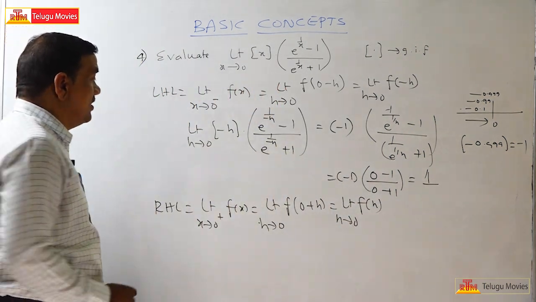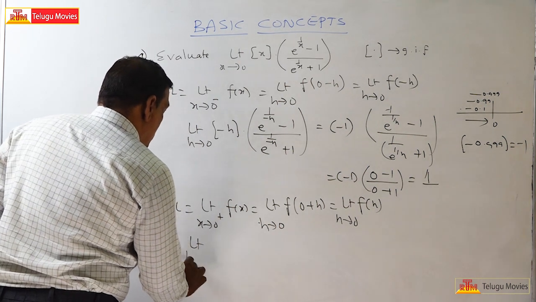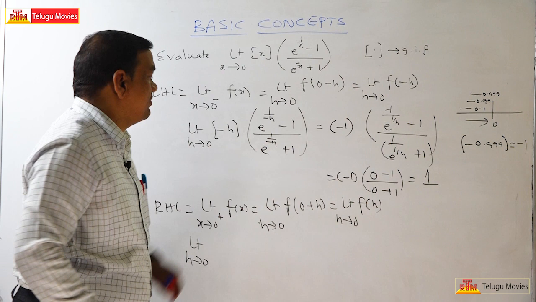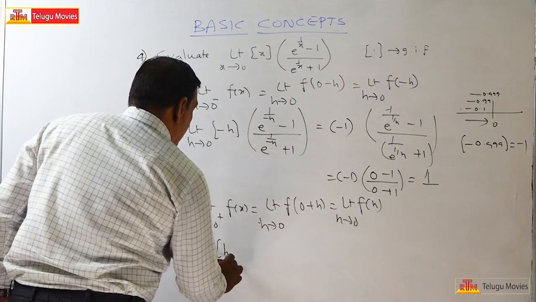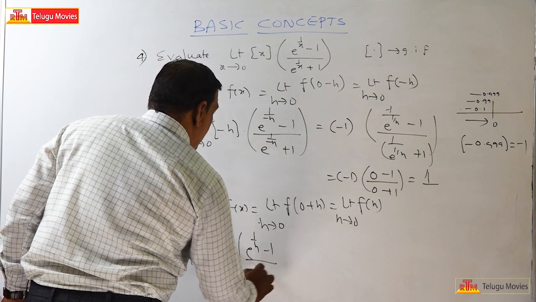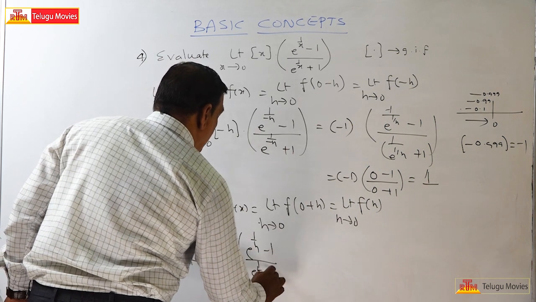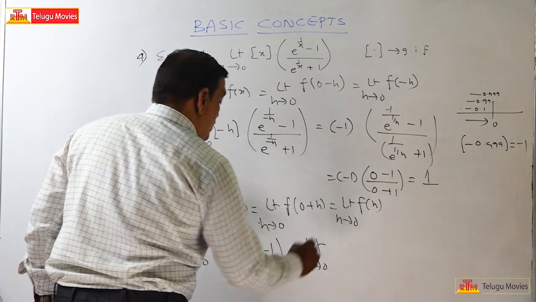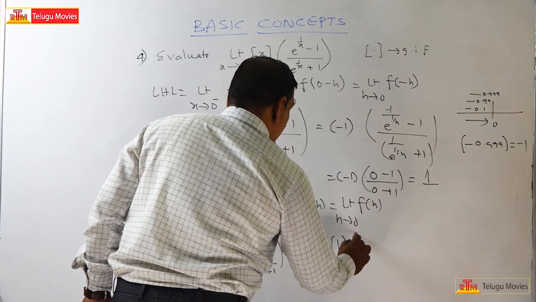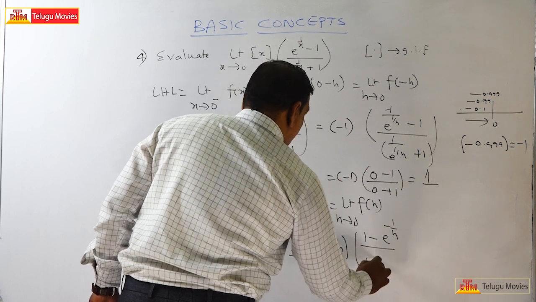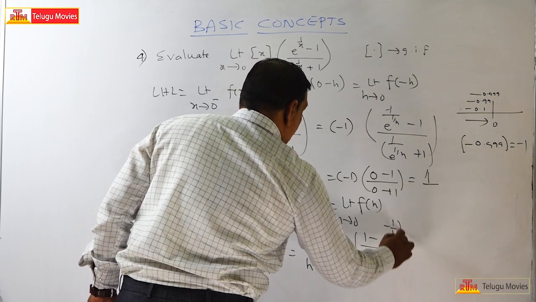Now substitute here, limit h tends to 0, f of h means what? H substitute. So this is equal to step of h into e power 1 by h minus 1 by e power 1 by h plus 1. One more step I will write down: limit h tends to 0, step of h into 1 minus e power minus 1 by h over 1 plus e power minus 1 by h.